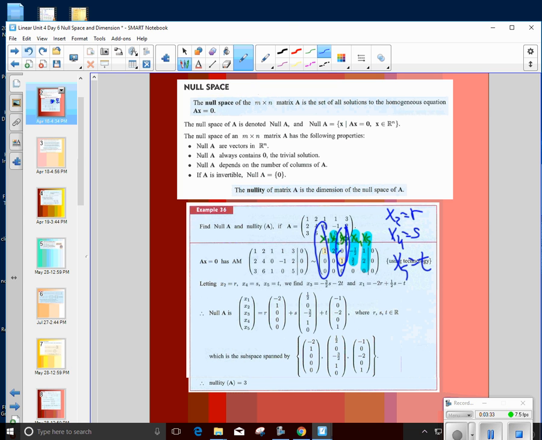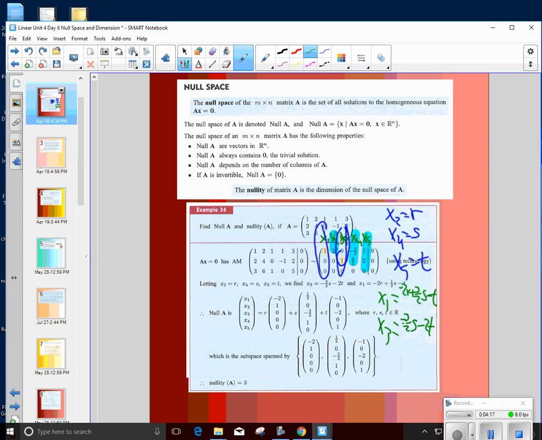Now we can express x1 in terms of r, s, and t. So x1 is going to be negative t, plus 3/2 s, minus 2r. And that's what we have here for x1. Then x3 is going to be negative 2t and negative 3/2 s.